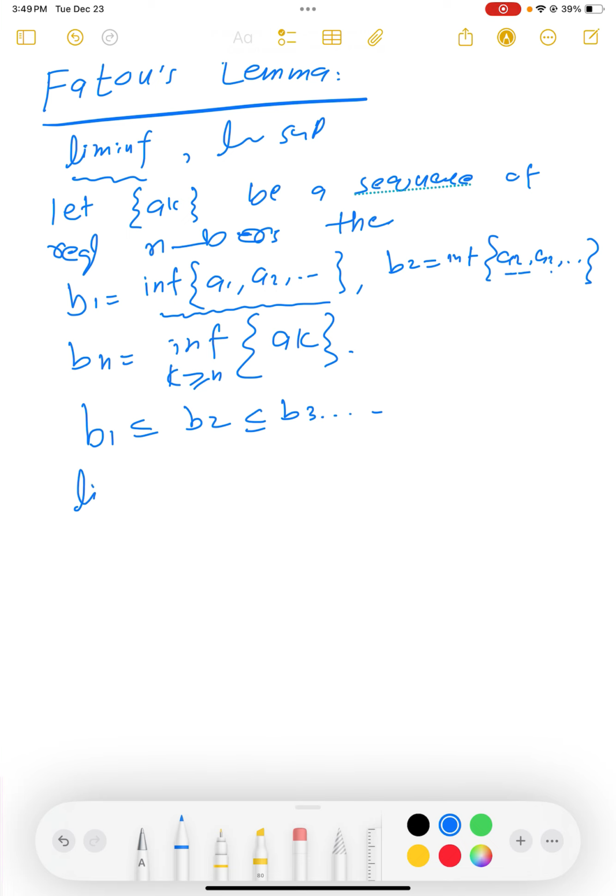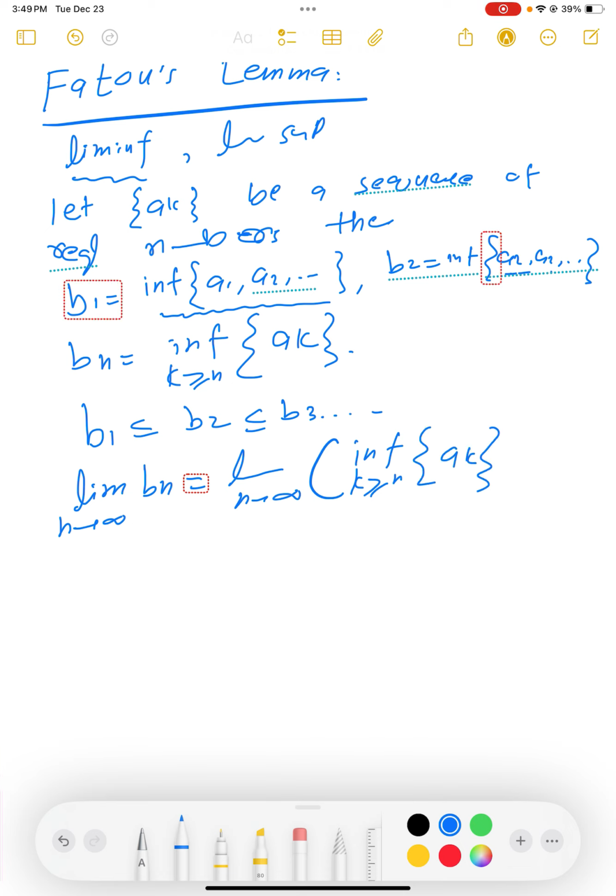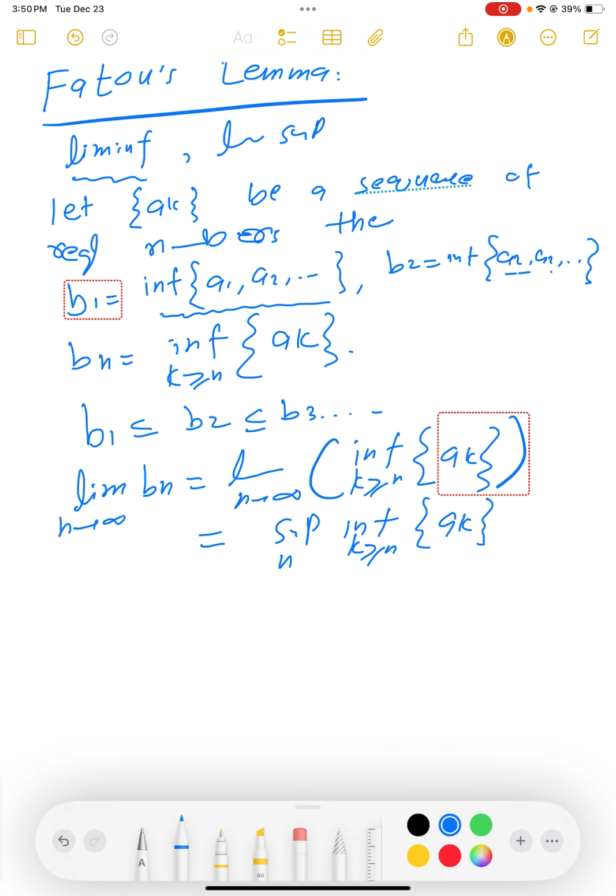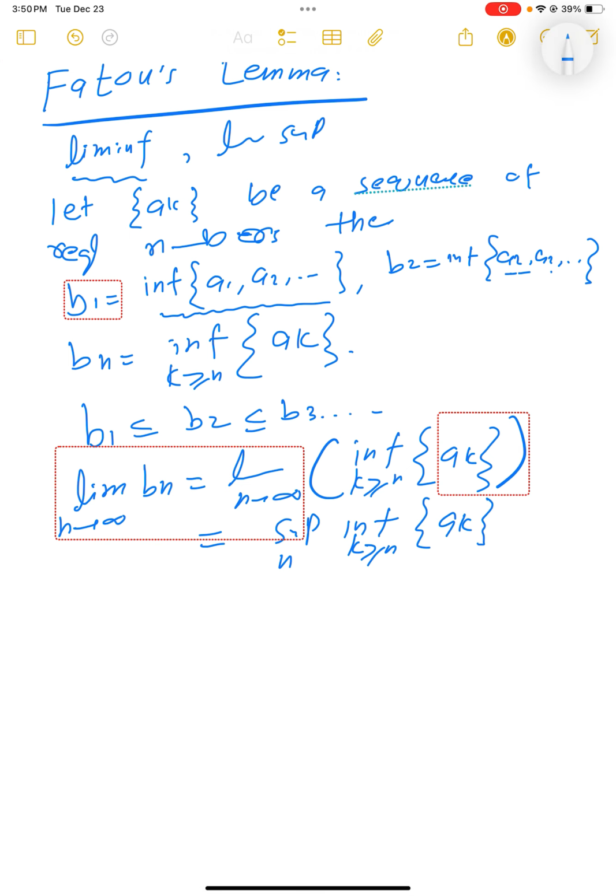Now if I ask you what if I take the limit as n approaches infinity of Bn? That is the limit of the infimum of A_k for k greater than or equal to n, and that is nothing but the sup over n of the infimum of A_k for k greater than or equal to n.